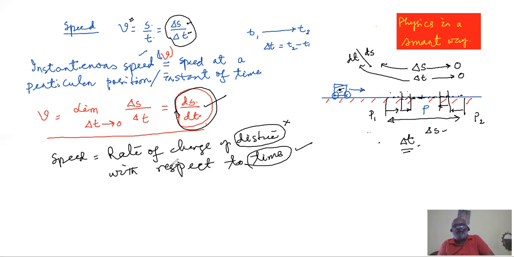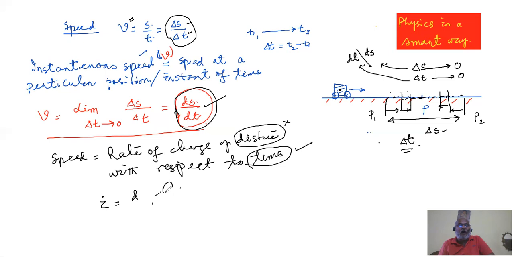Maybe the rate of change of the price of petrol or diesel with respect to time, that is a day, half a day, something like that. The rate of change of the flow of electric charge through a wire with respect to time, that we express as electric current. Instantaneous current is expressed as dq by dt.